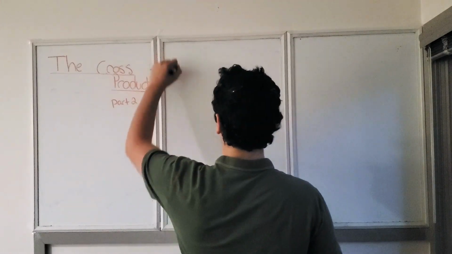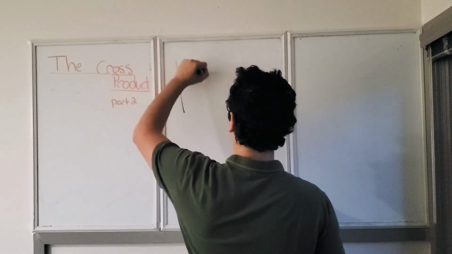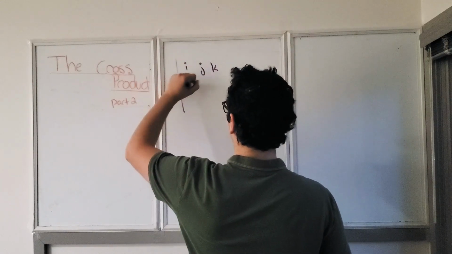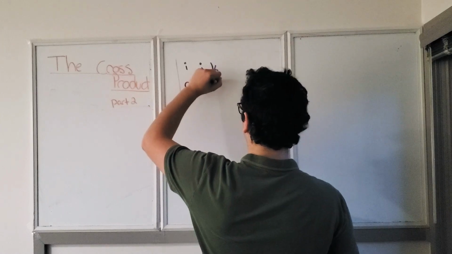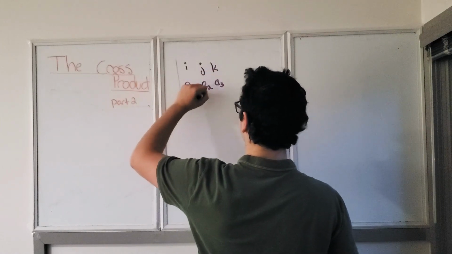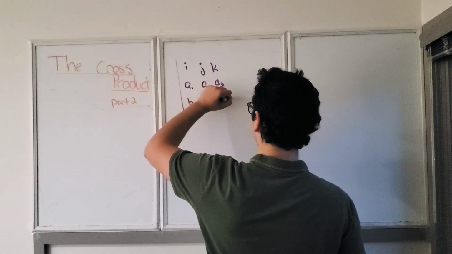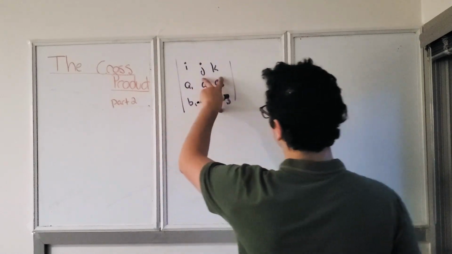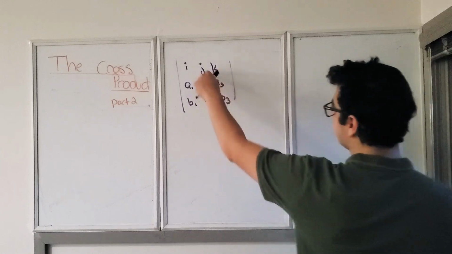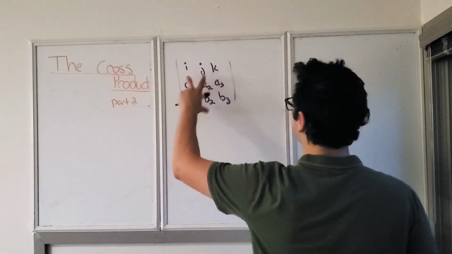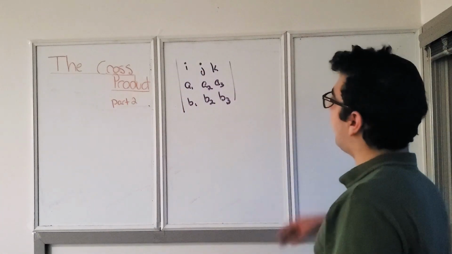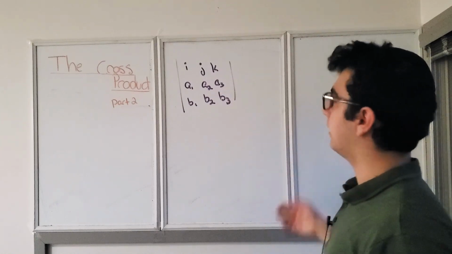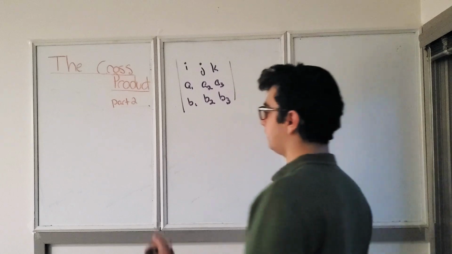So I could say the determinant from i, j, k of A1, A2, A3, B1, B2, B3. And what will come out is I'll have i times the determinant of that, j times the determinant of that, and k times the determinant of that. And that'll just give the cross product of this, some direction, some knowledge of the axis.